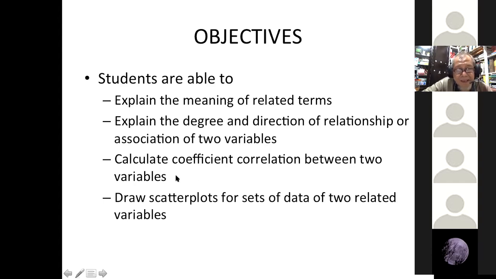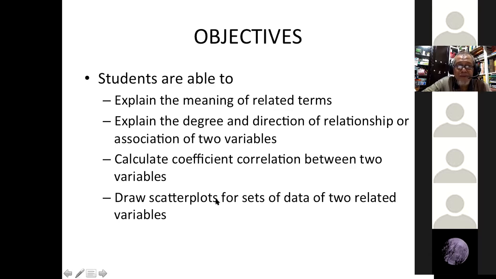And then you will also be expected to be able to calculate the correlation coefficient between two variables. Another competence expected to be acquired by you is the ability to draw a scatter plot of the data of related variables.